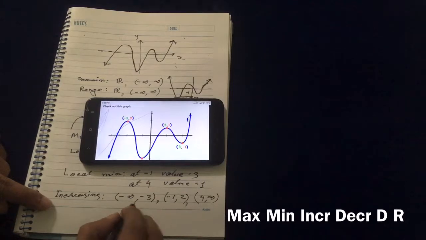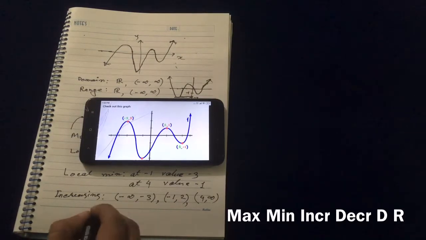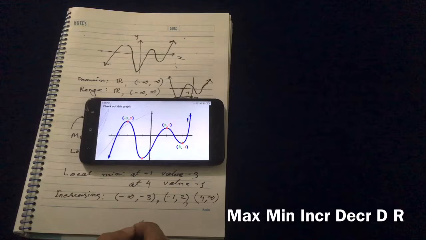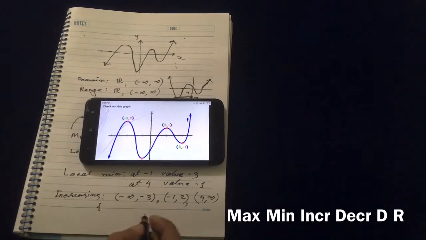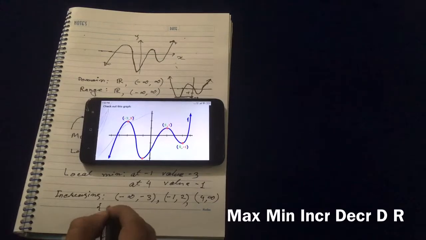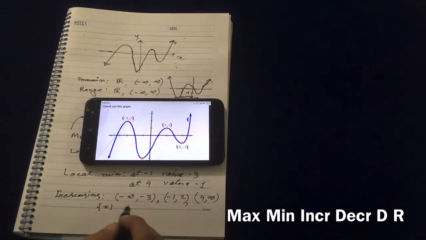Now you can actually write this in another way also. If you allow me to write it that way, don't feel too scared if I write it this way, with x in terms of inequality.